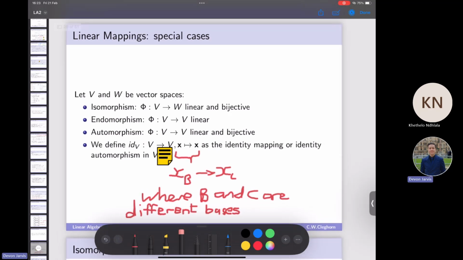Is it clear why we need square matrices to make sure that it's invertible? No one looks super convinced.